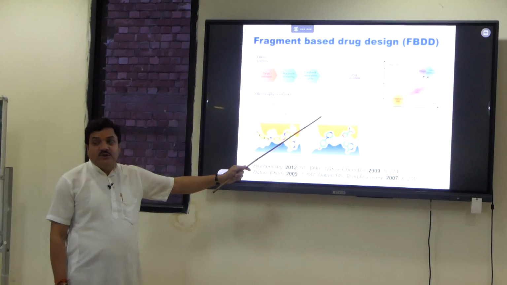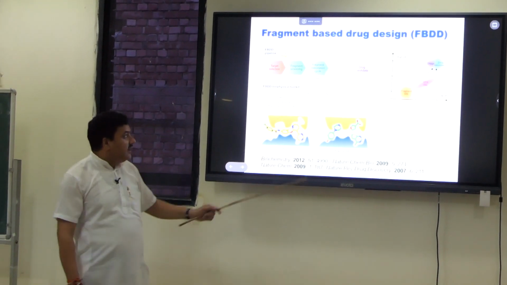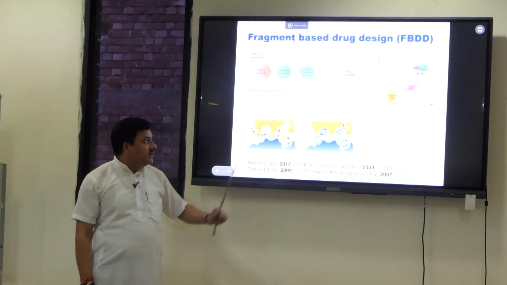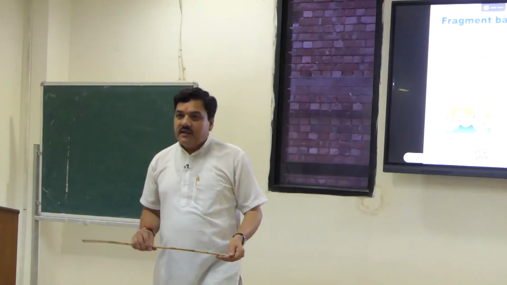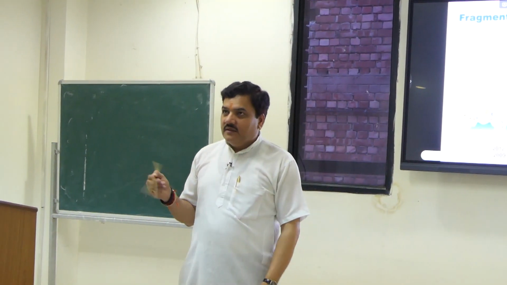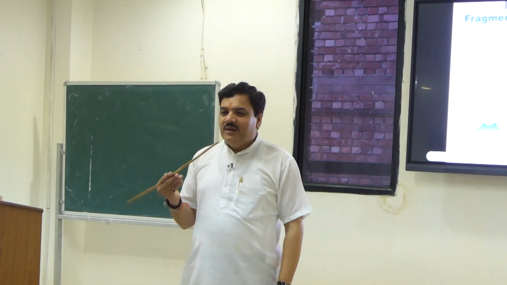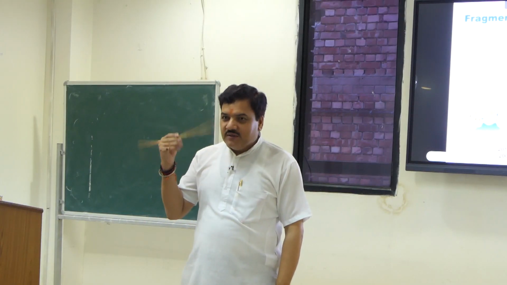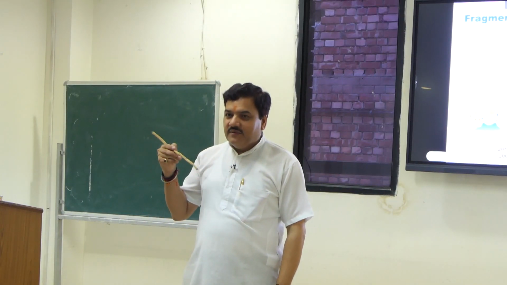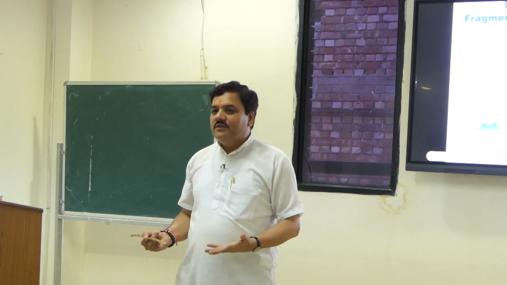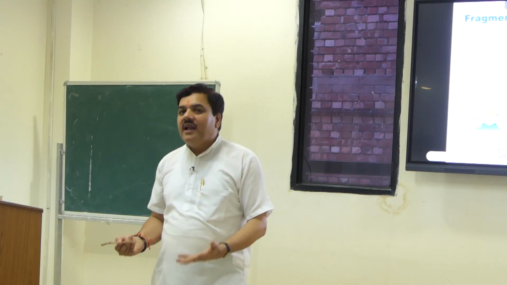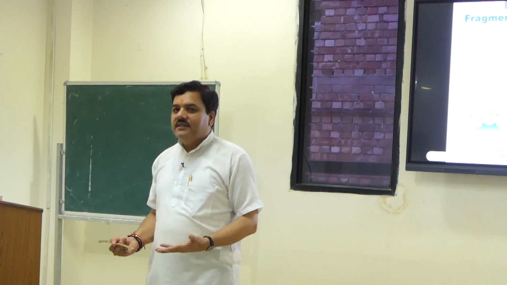Then you need in silico screening, like computational modeling. Then one very important technique, isothermal titration calorimetry, which is ITC. This is a physical chemistry analytical method by which you see how strongly your molecule is binding. You see whether it is binding weakly or strongly. When you connect fragments, then okay. So ITC is a very important technique which helps to see whether your molecule is interacting with the protein or not.